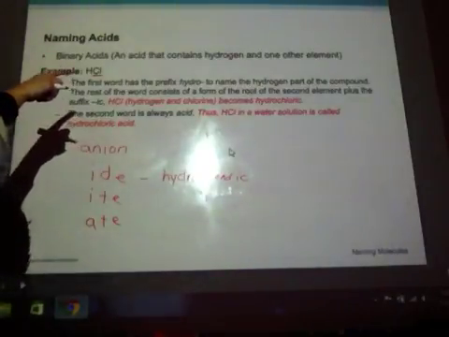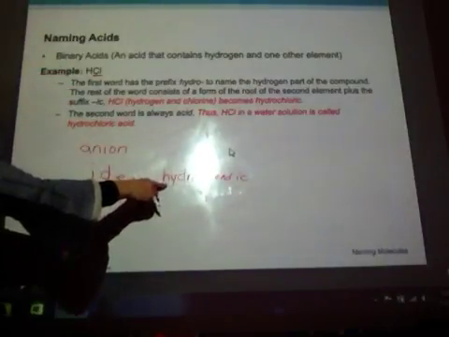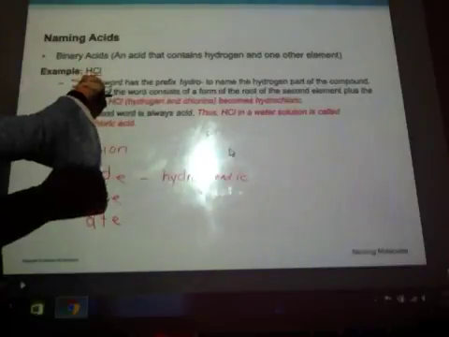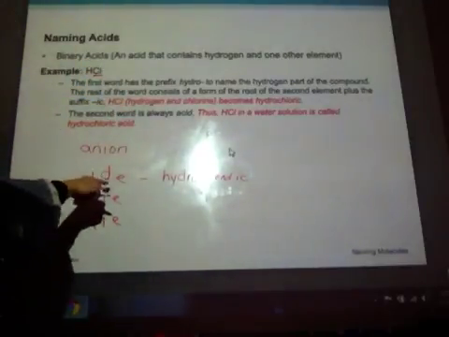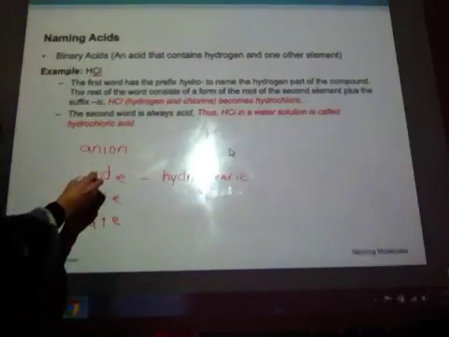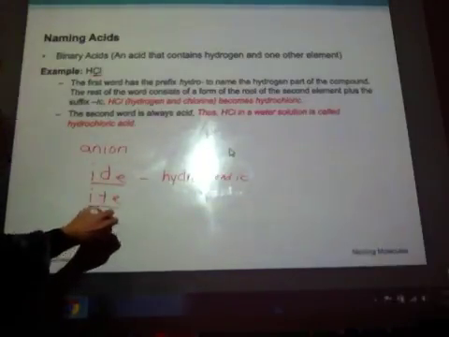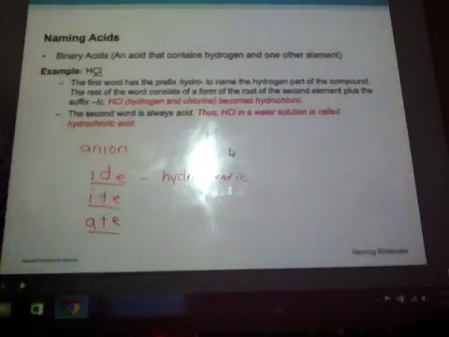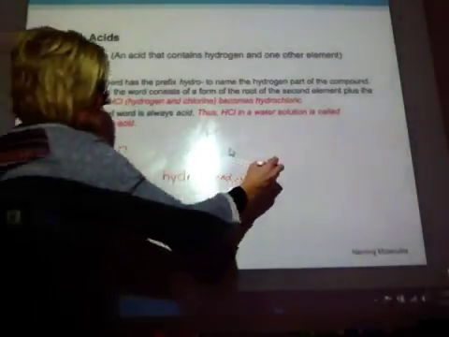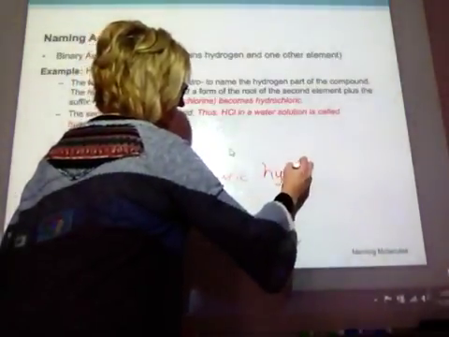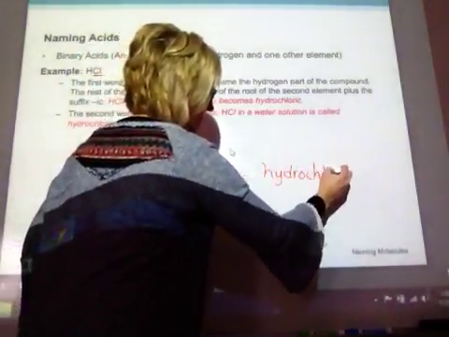So HCl is hydrochloric acid. When you're naming acids, you're always going to look at the end of the last part of it. So this would be hydrochloric acid.